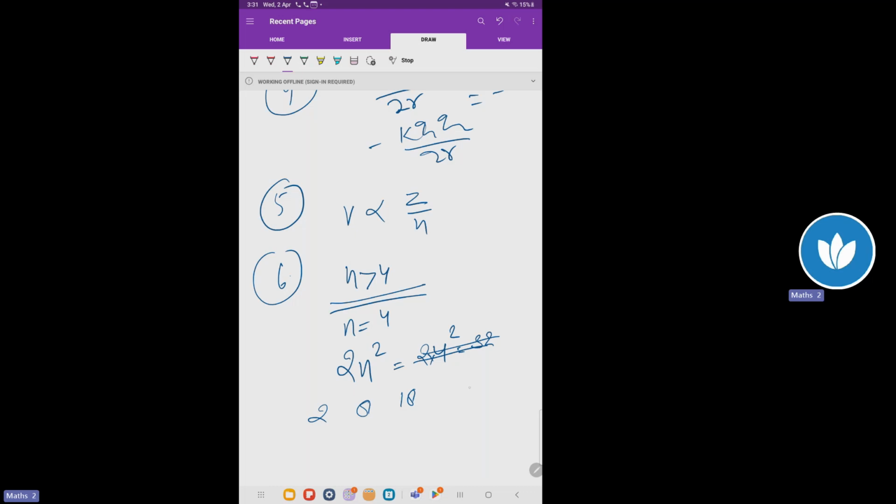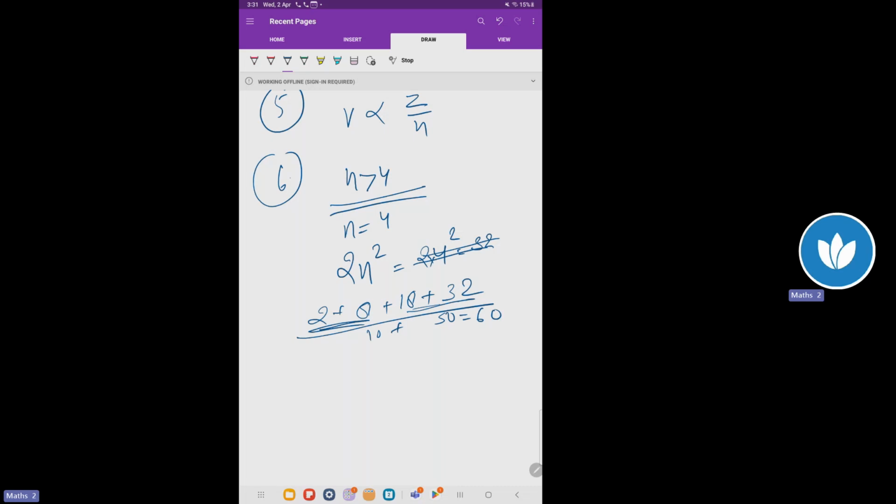Third and fourth, 32. Total number of electrons 10 and this is 50. Total number of electrons 60. So we can make 60 different types of atom. Option A.